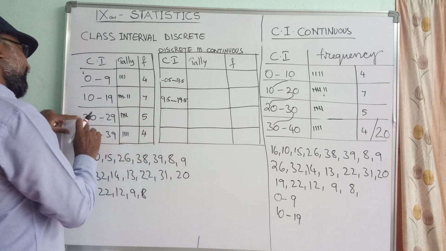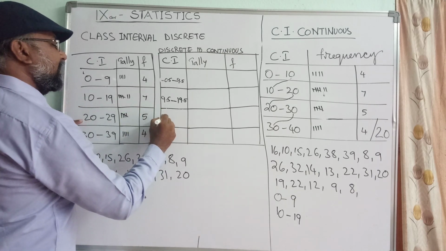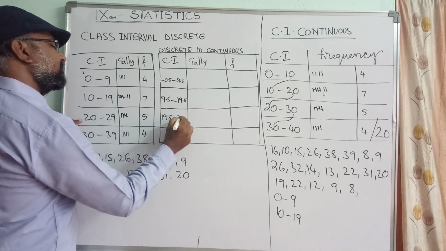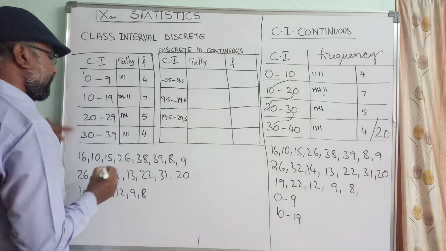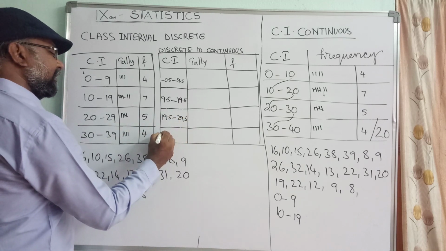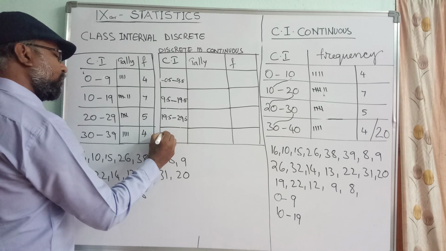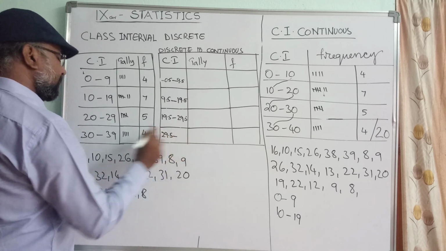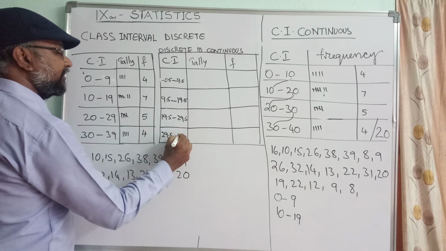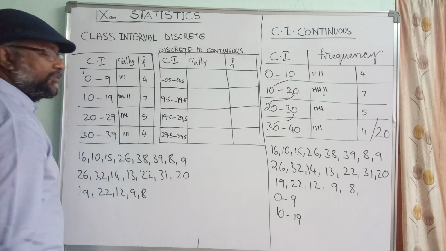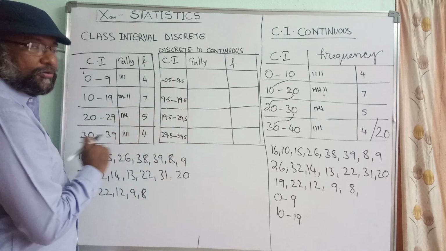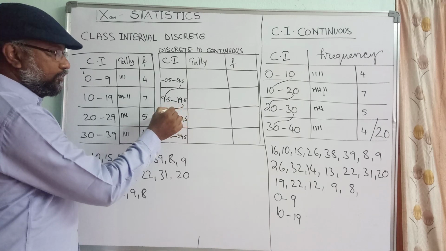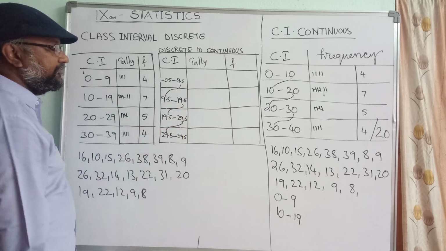Again 20 should be decreased to 19.5, and 29 can be written as 29.5, and 30 decreased by 0.5 is 29.5, and 39 increased is 39.5. Likewise, you have to prepare. You see 9.5, 19.5, 29.5.